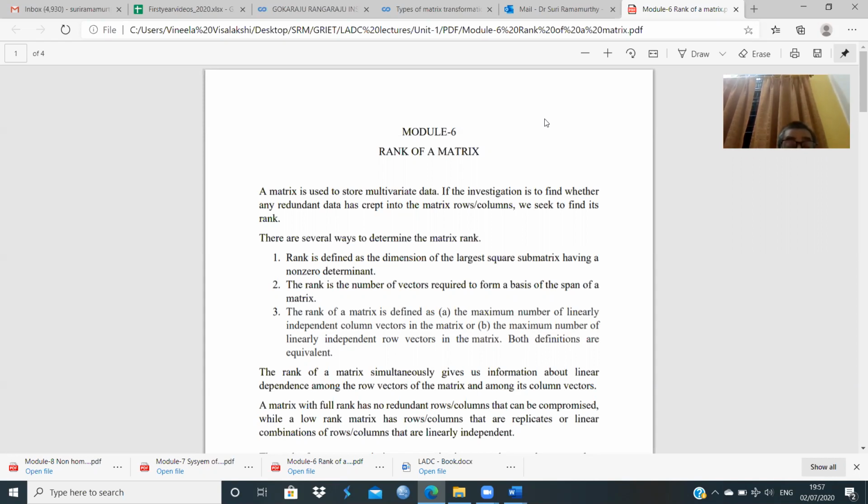A matrix with full rank has no redundant rows or columns that can be compromised. In other words, when we say the matrix is of full rank, all the rows and columns have information that cannot be ignored. While a low rank matrix has rows and columns that are replicates of some other rows or linear combinations of rows or columns that are linearly independent.